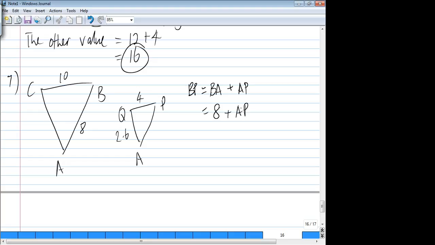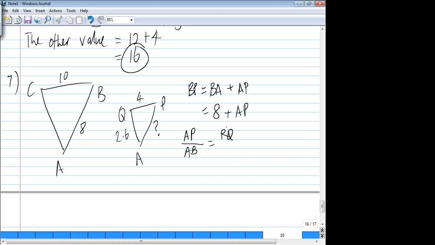No. But it is over here and I can try to find out. Where should I put my value of AP? Top left, to make things easier for us. Okay, so AP over AB is equal to, what is the other corresponding pair of sides?